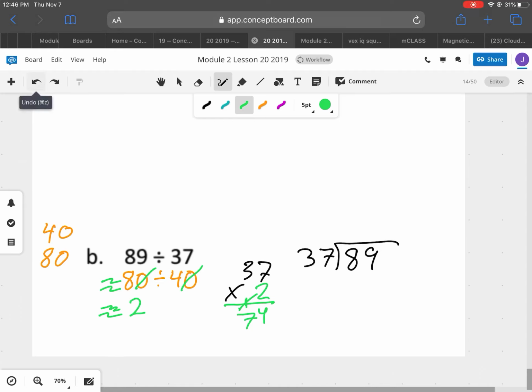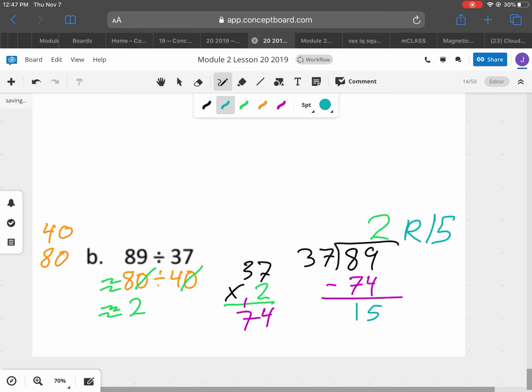Let me give this again a 74, so you know where our numbers are coming from. I'm trying to color code it. All right, so we're going to put our 2 over here. We're going to subtract the 74, and that is going to give us 15 again. That's remainder 15.